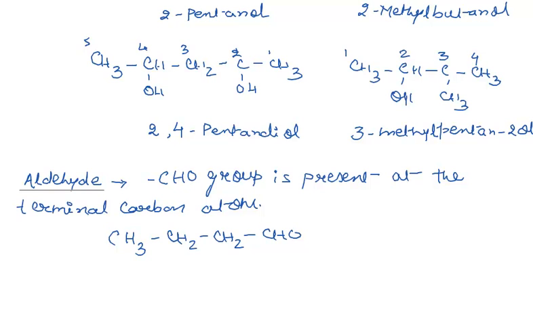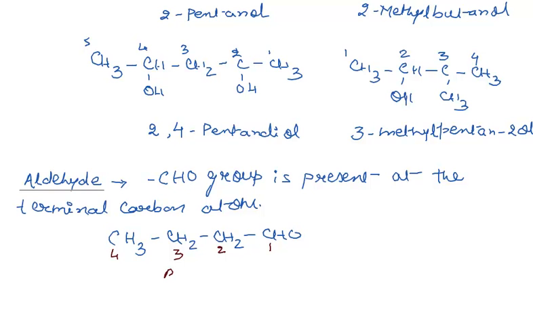If I am writing the structure, in this particular compound the aldehyde carbon is also given one number. So if I am writing the numbers over it, it would be first carbon, second carbon, third carbon and fourth carbon. You can also see, students, that the aldehyde carbon is always assigned number 1, right? The chain starts from where the aldehyde carbon is present.